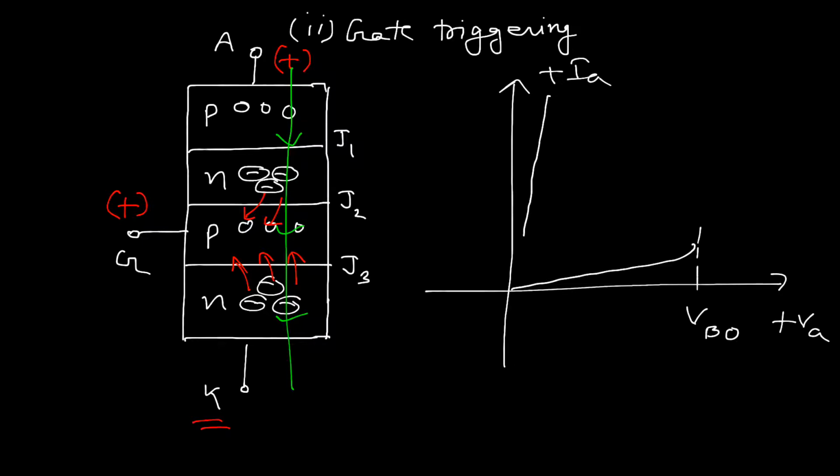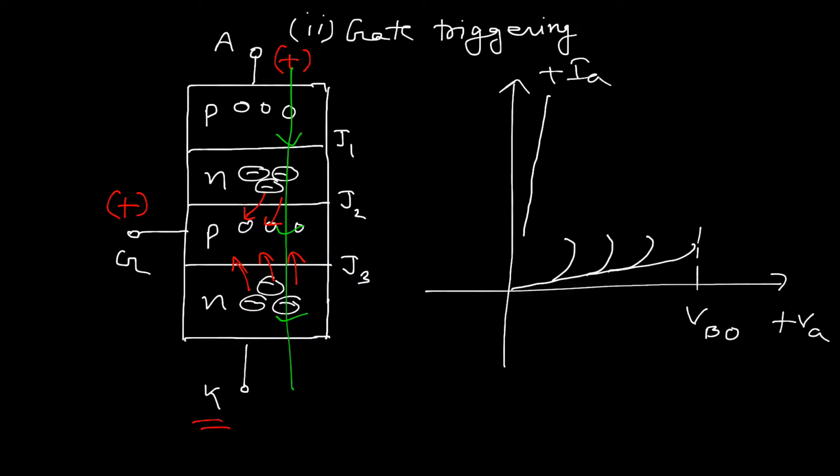Suppose without the gate signal the breakover voltage was 800 volt. Now suppose we apply the gate signal across the gate, then the breakover voltage should be reduced in this way. Again, if we increase the gate current, the breakover voltage should decrease in this way.